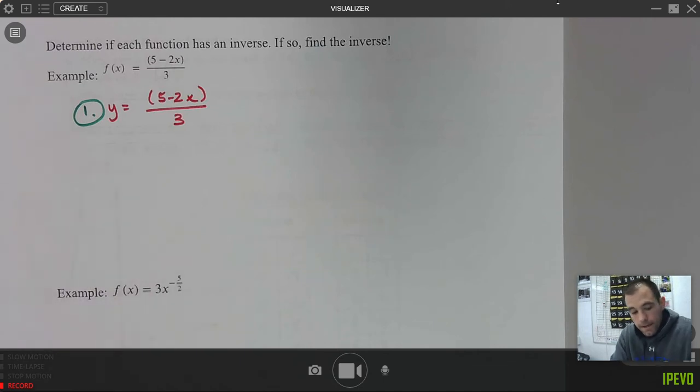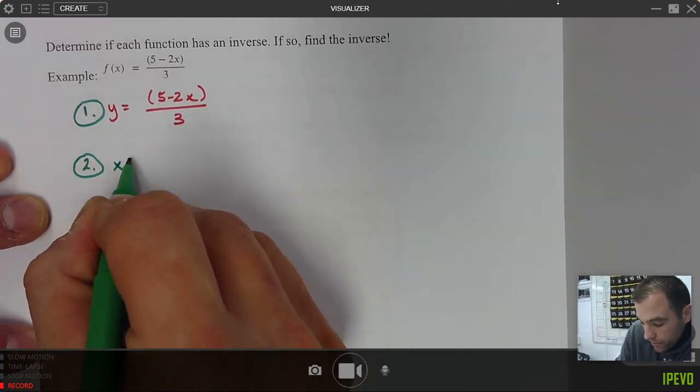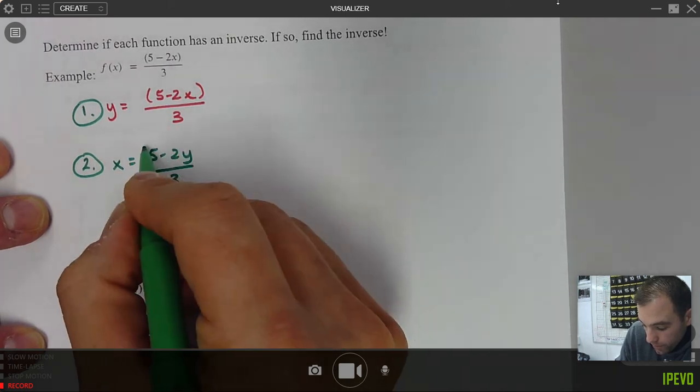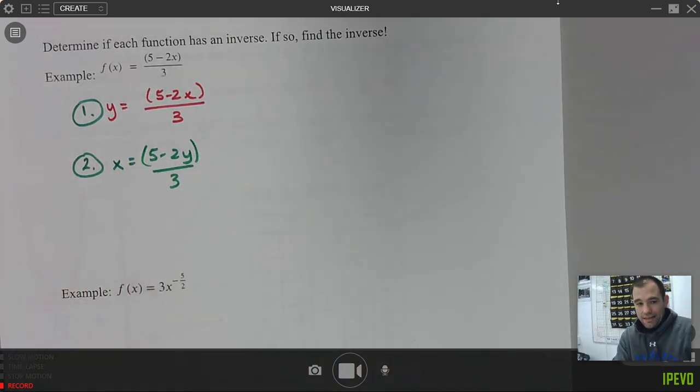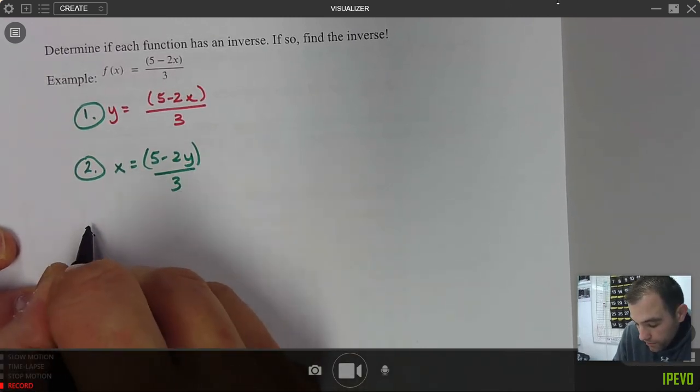Now we want to switch the x's and the y's. So step 2, switch x and y. x would go over here, and 5 minus 2y over 3 would go over there. Step 3 is to solve for y, to get y by itself.